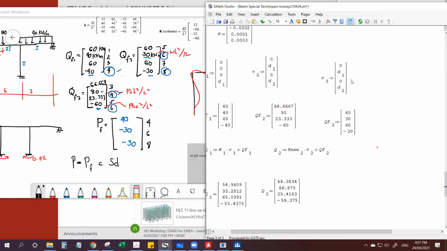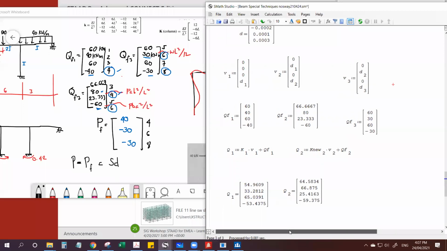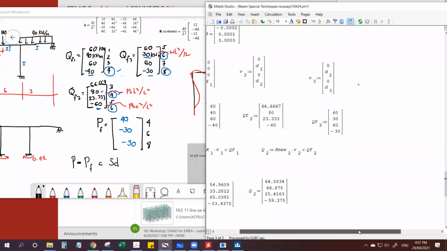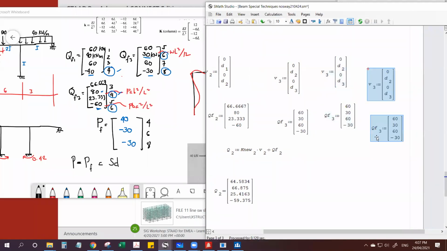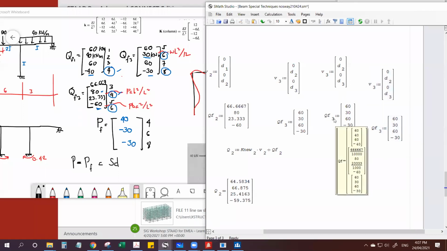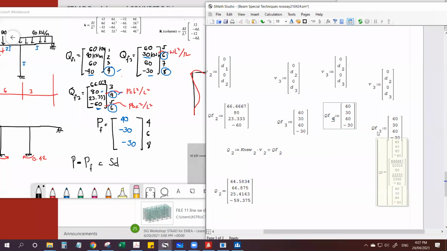D1, D2, D1, D2. This should be D2, D3. D2, D3. Sorry. Should be D2, D3. Then QF4 and QF5. There. So this will be QF. Sorry, we don't have QF4 rather, and QF5. And just make this 0.